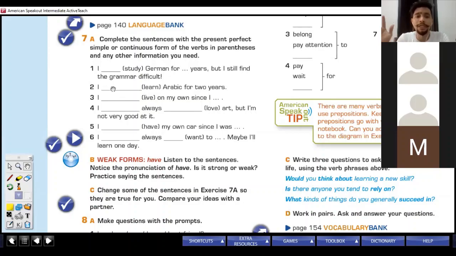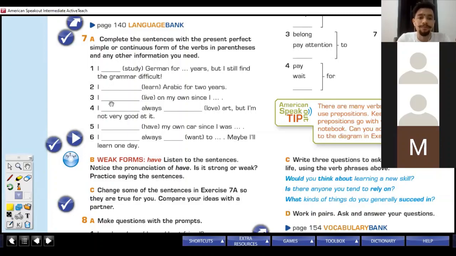So I have learned Arabic for 2 years. If you do it like that, it means that the action is over. You are not learning Arabic now, right? But if you're still learning Arabic now, then you can say, I have been learning Arabic for 2 years, and you're still learning Arabic, right? So depending on the context, you can use both.